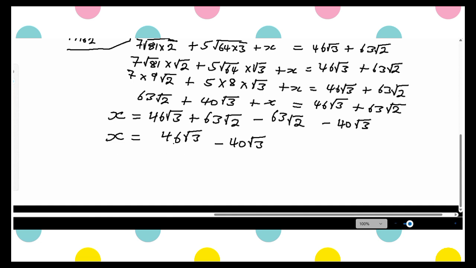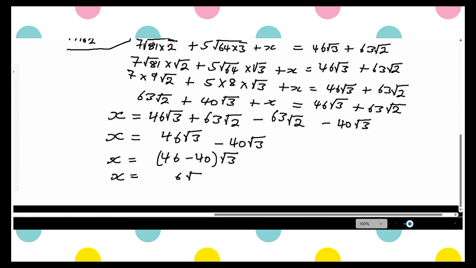Now we have 46 root 3 minus 40 root 3. These are like terms. The number within the square root is 3 in both. So we can simplify. x will be equal to 46 minus 40 root 3. Okay, and 46 minus 40 is going to give us 6, right?